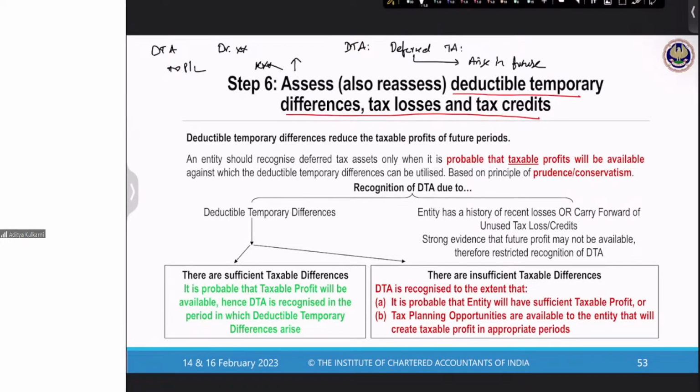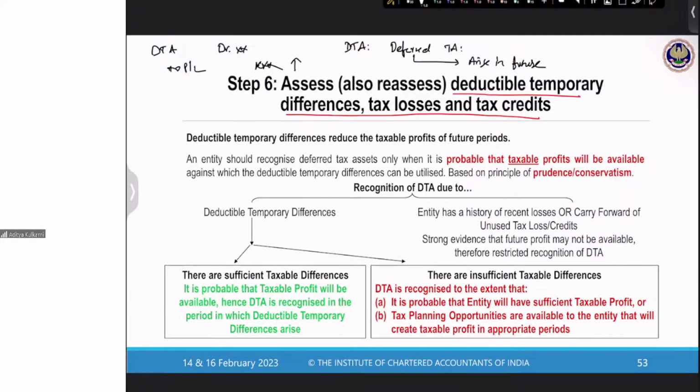In the case of an asset, only when it is virtually certain, you will recognize the asset. What do you mean by virtually certain? More than 95% probability that the asset is going to be recognized. So when that is the case, look at the huge amount of certainty that we expect from an asset.